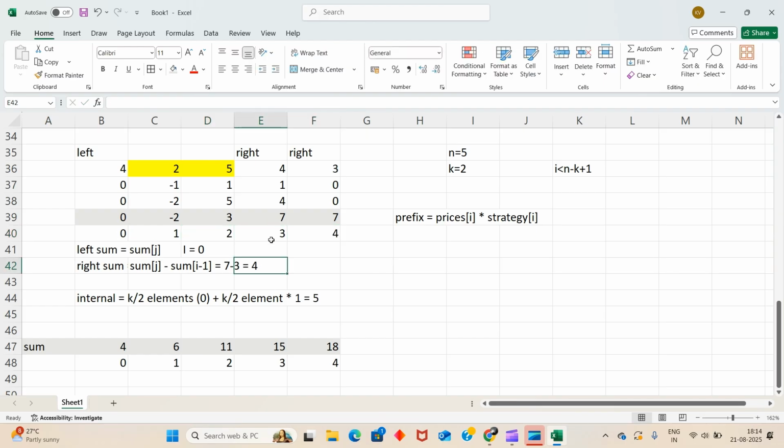I want my i to go till 3. So n is 5, 5 minus k is 3, 3 plus 1 is 4. So i less than 4. I could make this an equal by removing this plus 1, but I will keep this.